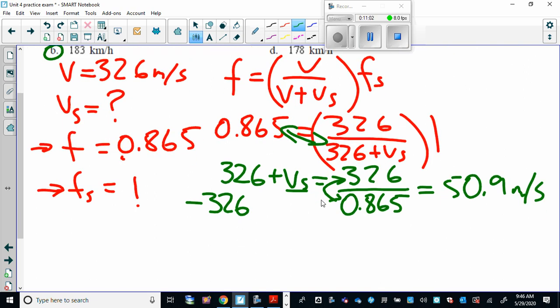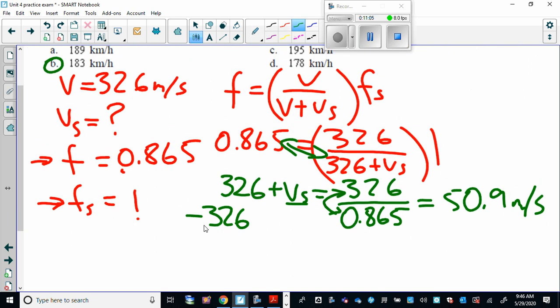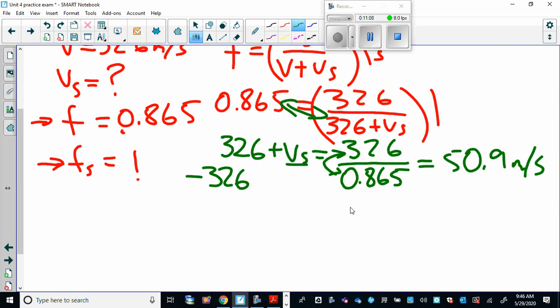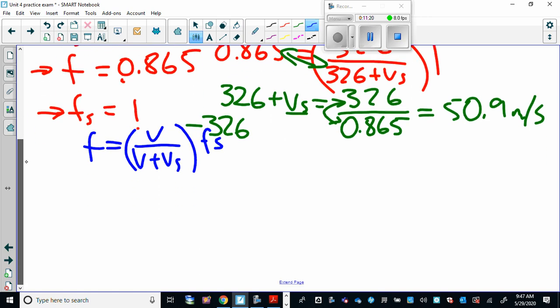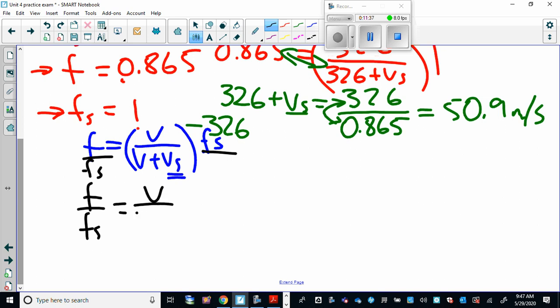All right, now very quickly, if you did want to manipulate this formula, this one's not too bad. It's going to be F equals V over V plus Vs times Fs, so you're solving this one for Vs. Probably the easiest thing to do here is to divide both sides by Fs, so you get F over Fs equals V over V plus Vs. Then you can cross multiply and divide.